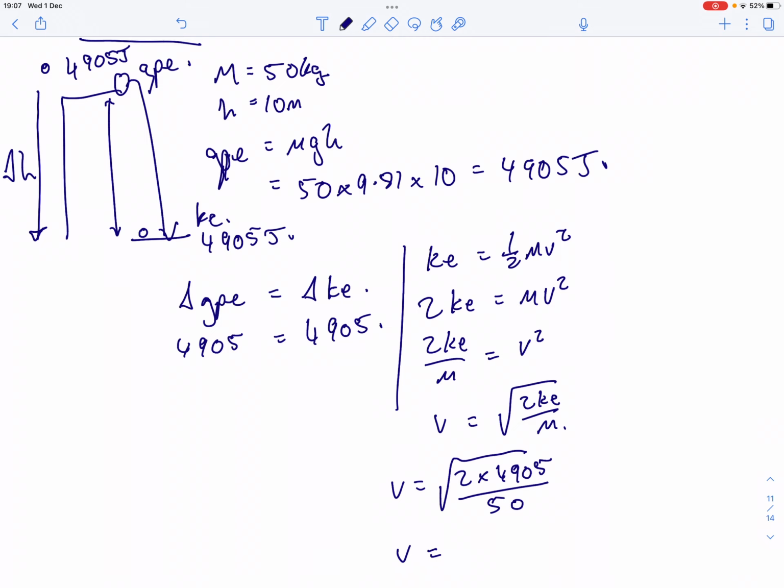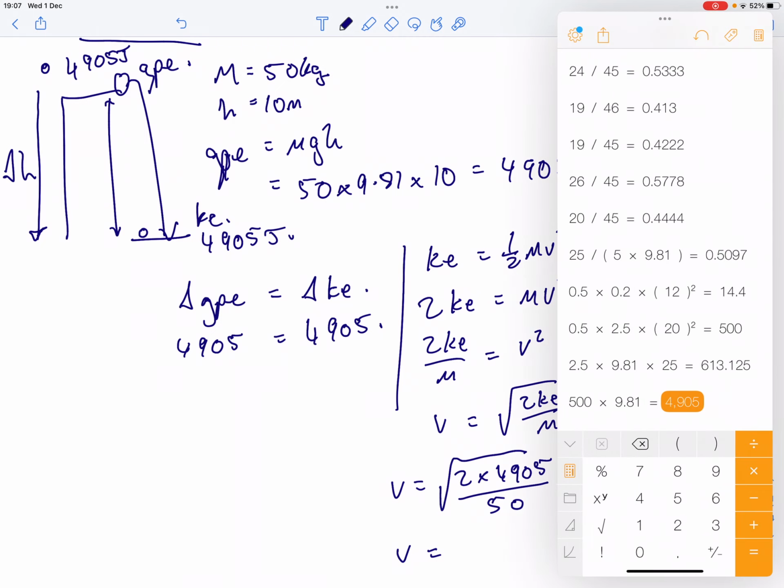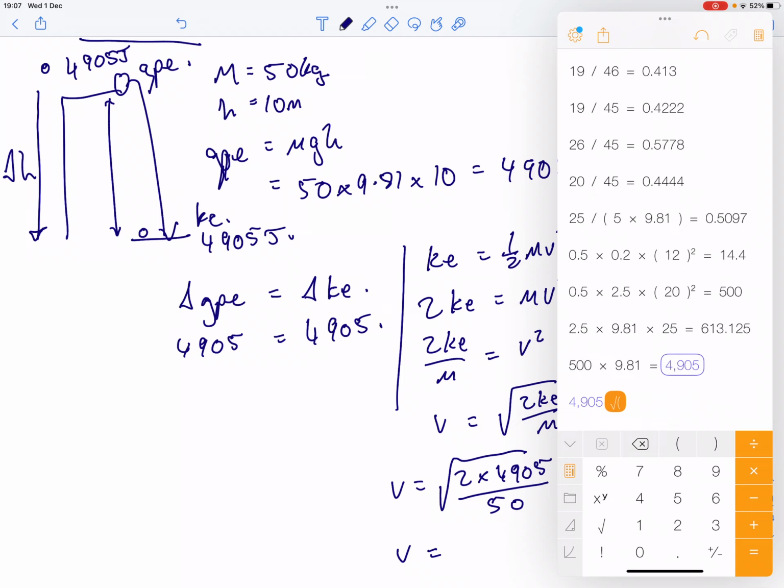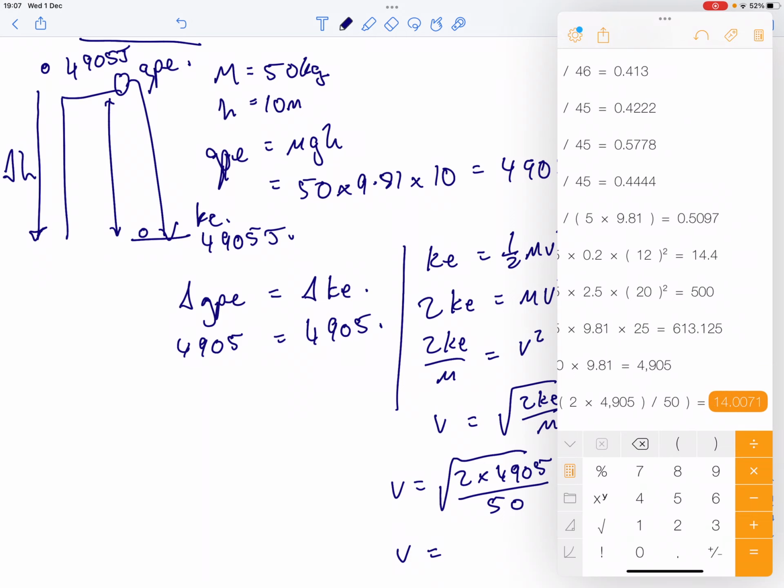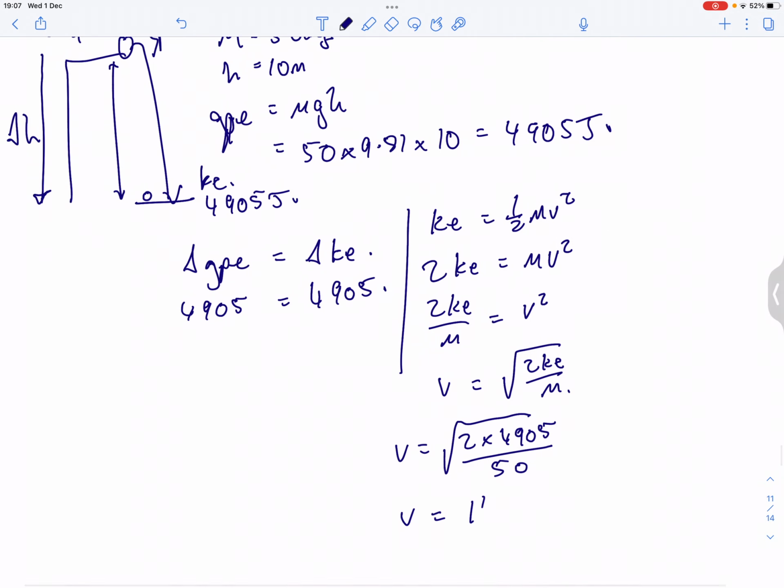Let me put that into the calculator: the square root of 2 times 4,905 divided by 50, and there we have 14, almost exactly 14. So we're going to say that the velocity of the diver is 14 metres per second.